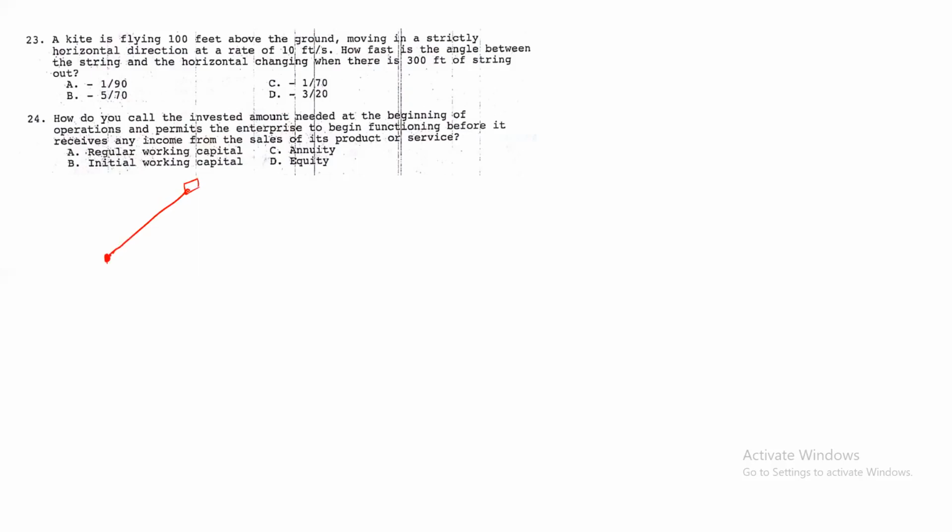Then, syempre, meron siyang height na 100 feet above the ground. Then, ito yung distance niya from horizontal, no? So, assume natin ito is x.